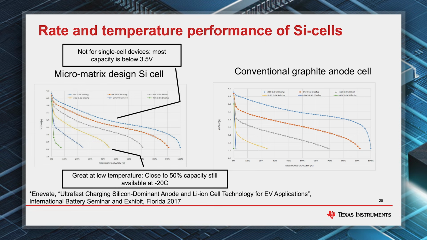But for silicon, that problem is not as prevalent because, again, it is an alloying reaction. And if you have a good conductive matrix, you can actually have a pretty good discharge rate at low temperature. So they demonstrated close to 50% capacity at -20, for example, which is completely impossible for graphite.